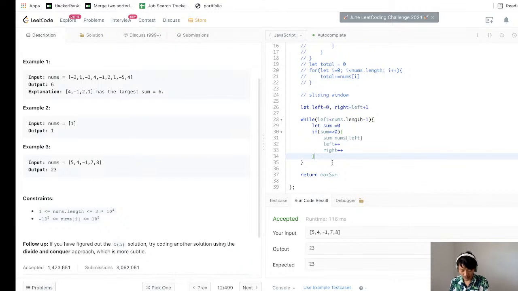Okay, and else if nums of left is less than 0, then we need to increase left.